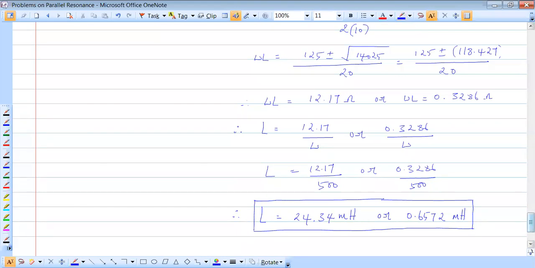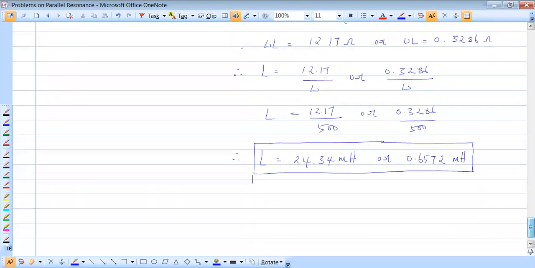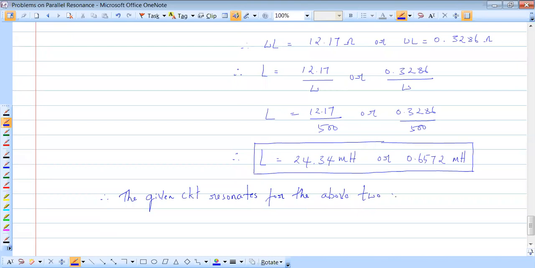We can conclude, take down this: the given circuit resonates for the above two values of L when omega is 500 radians per second.